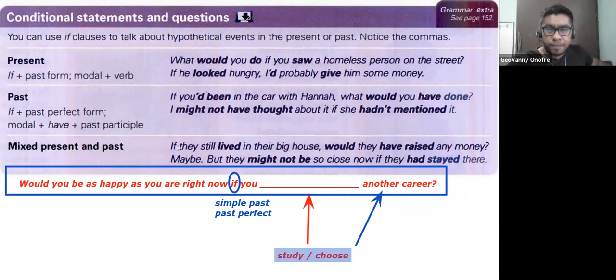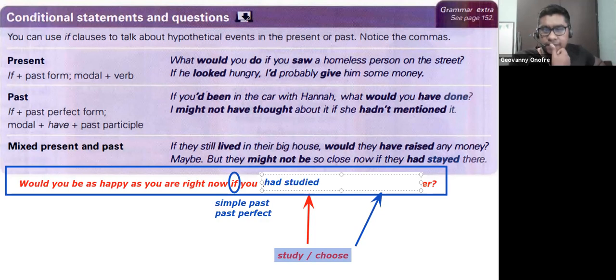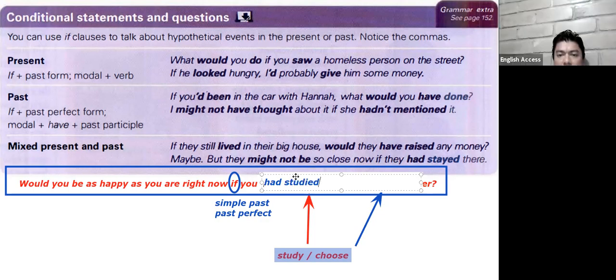What about if it's a student that is still studying? Had studied. There you go, had studied, okay?